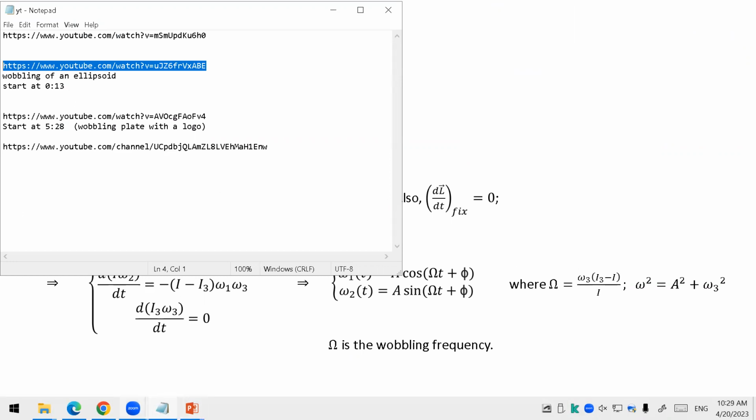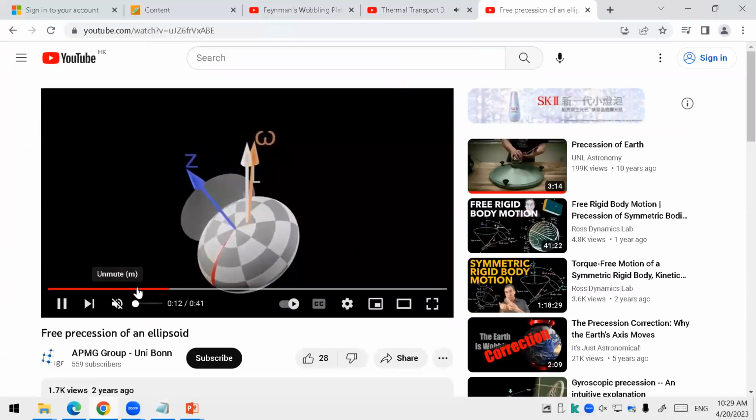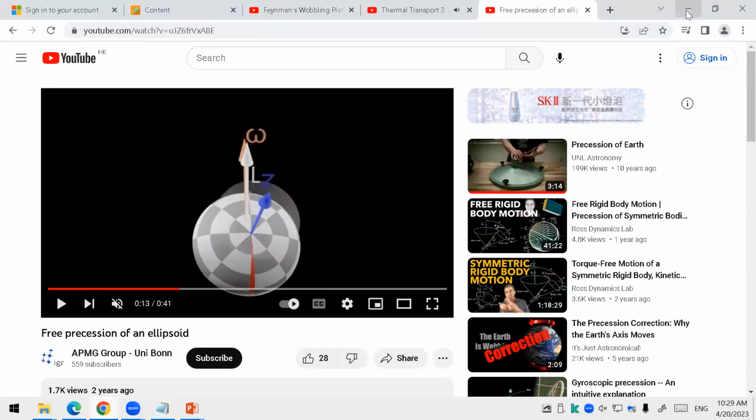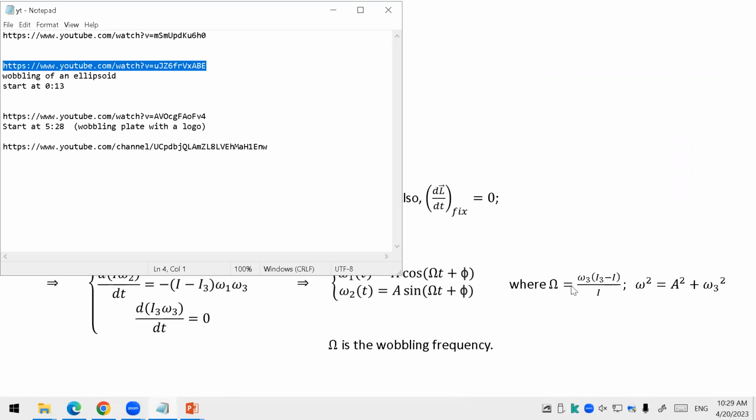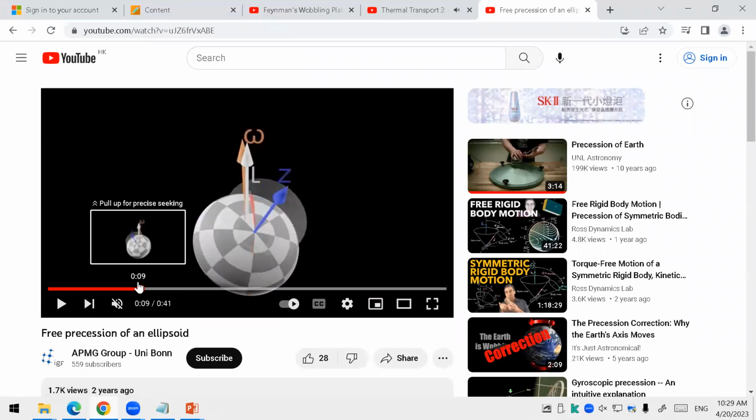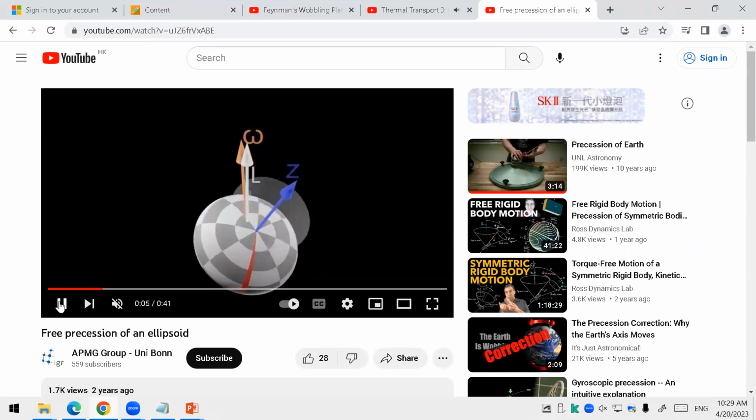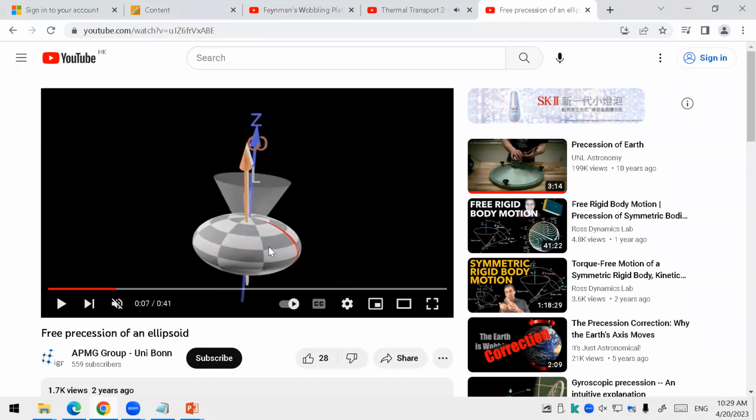As long as it's a symmetric top, that's fine. The ratio between the wobble and the rotation frequency depends on the geometry. I get the factor of 2 because of this I3 minus I divided by I. So if you have a shape that looks like this, what is this? This is an ellipsoid. It's like a sphere, but it's compressed. It's an ellipsoid.